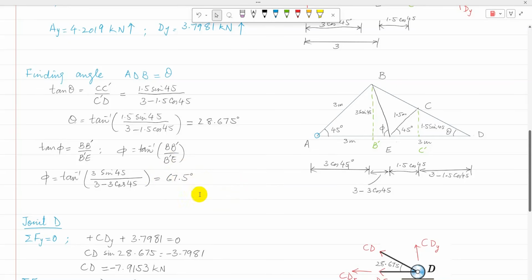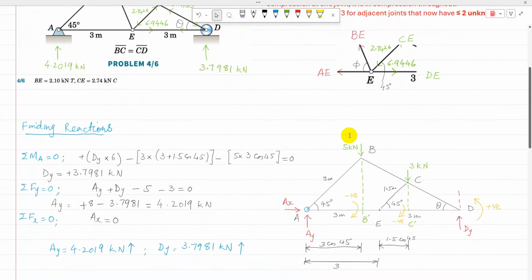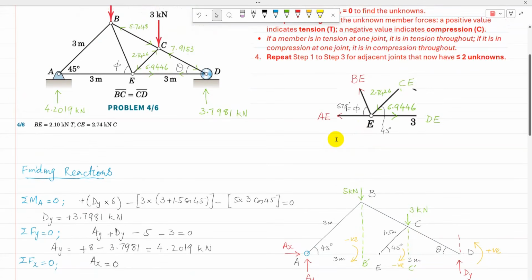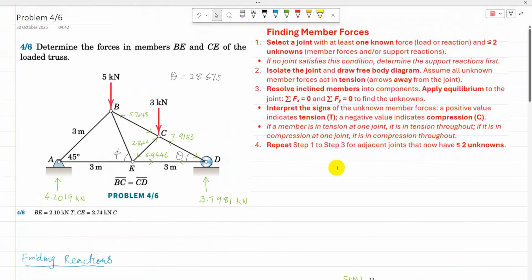So now that 67.5 degree angle is known, so phi is known. So I can write that phi is equal to 67.5 degrees, now known. So now I can further analyze this joint. So at joint E, we need to simply find BE.